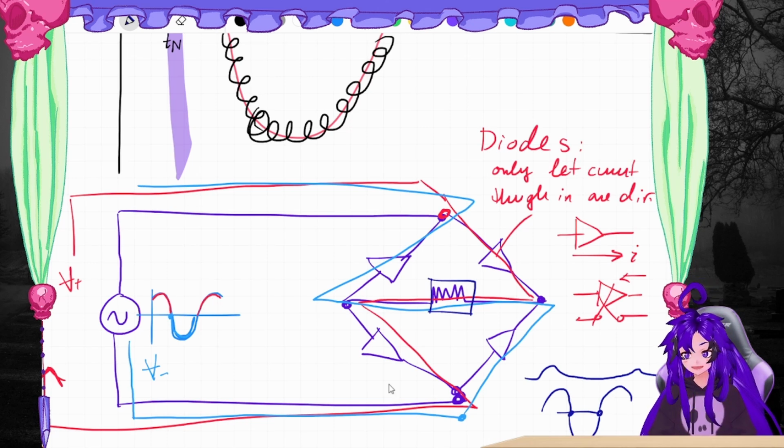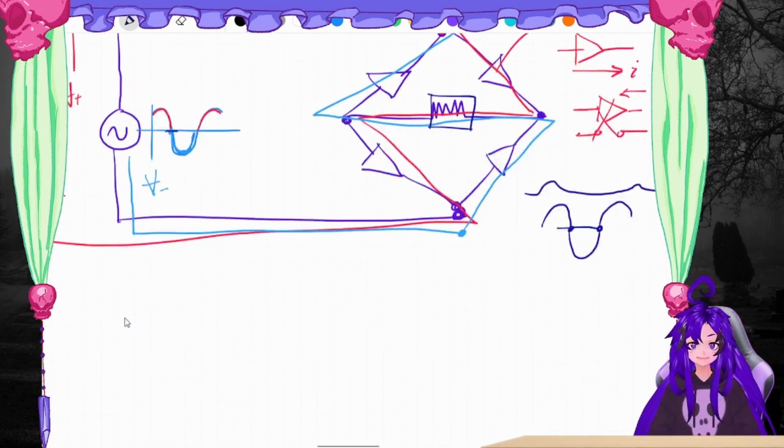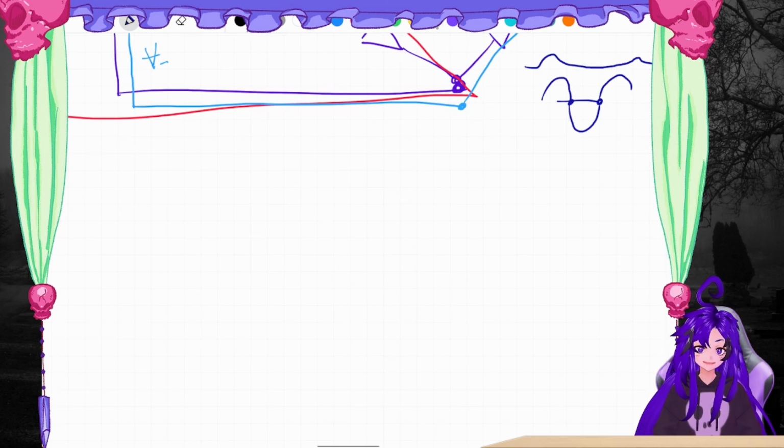This is what's happening in an AC, in an alternating source: it's powering half the circuit half the time, or it's powering it in one direction half the time, because half the wave is positive and half the wave is negative. And this is especially important for inductors, because inductors don't make any sense in DC.